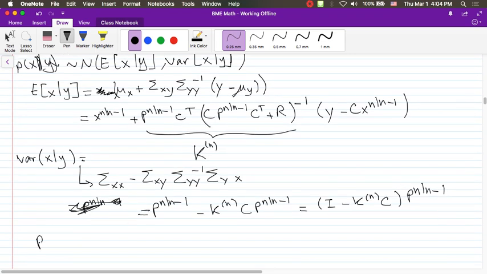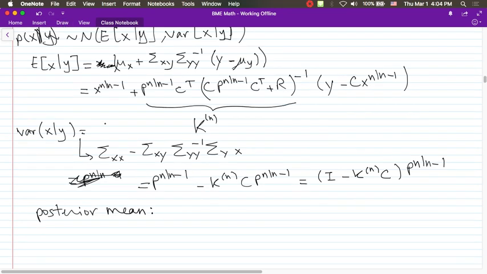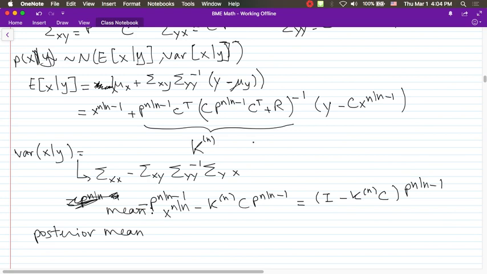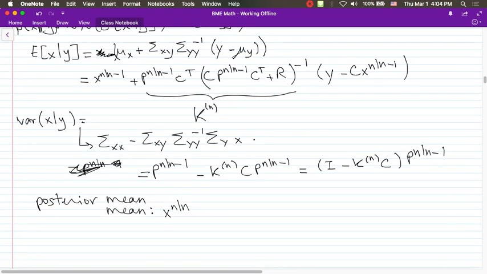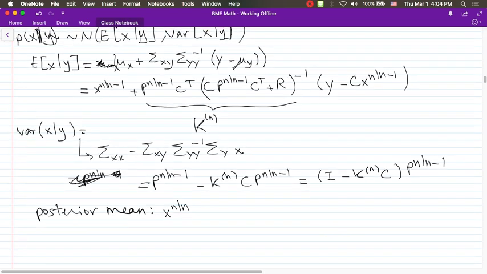So the posterior mean is what we've been calling x of n given n. Look at it.